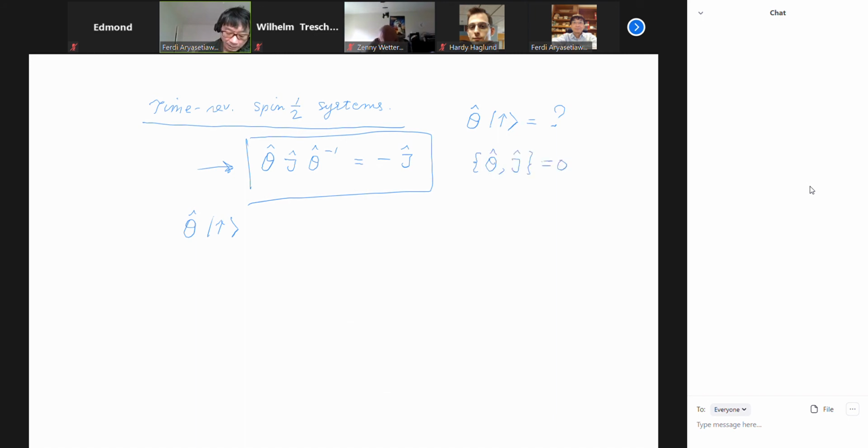So now we apply Sz on this state, then it's equal to minus Sz because of this anti-commutivity. Then we see that this is equal to minus h bar upon 2.